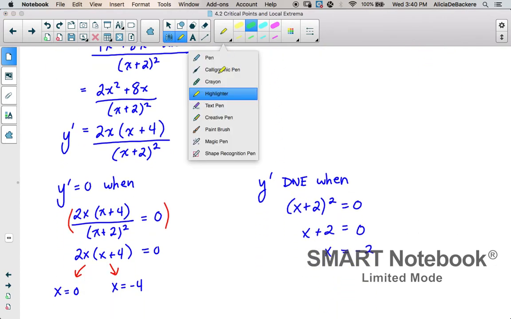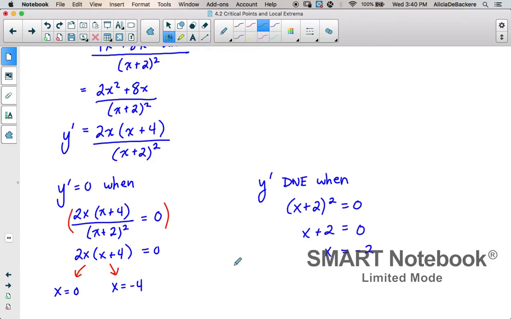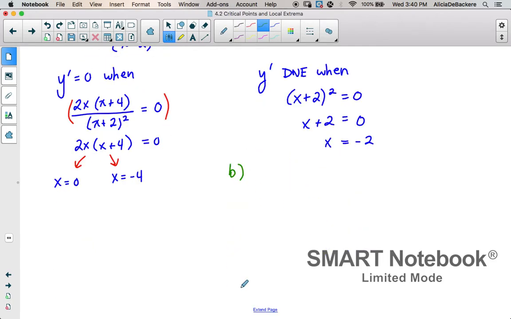This is for part B. So I've written here, x equals -2 is a restriction for the original function. So that means it's not actually in the domain, so it can't be a critical point, right? Because there is no point there.